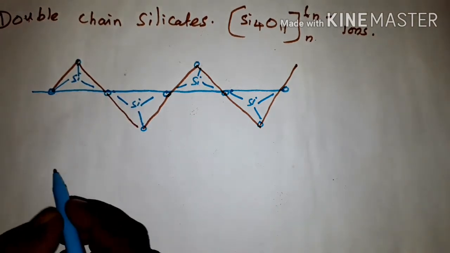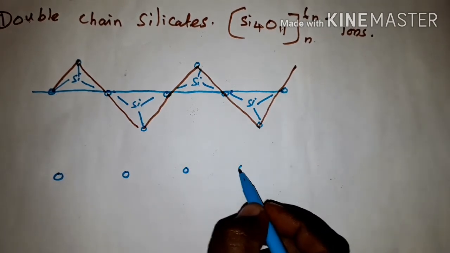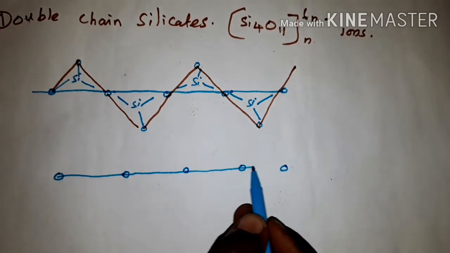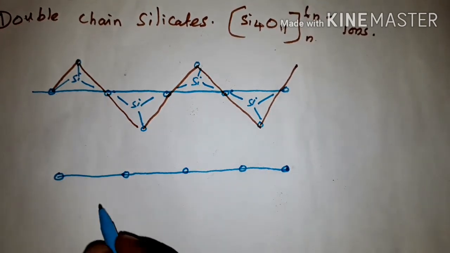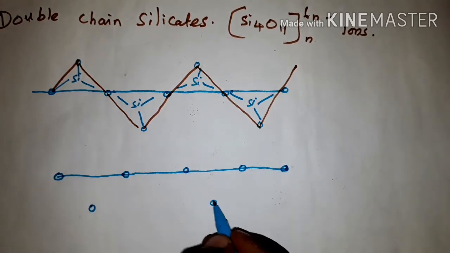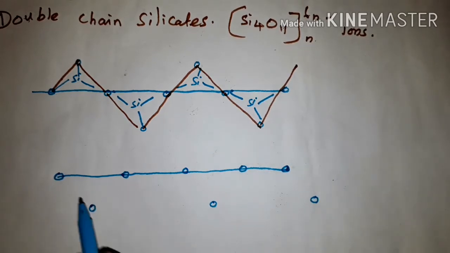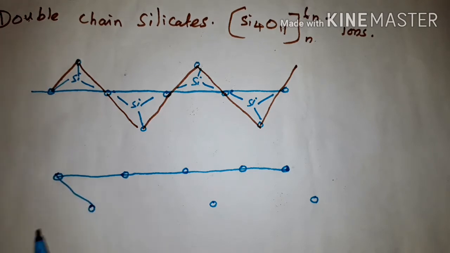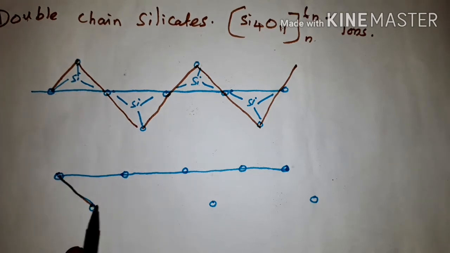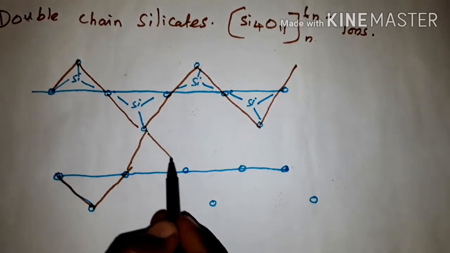Similarly, draw one more linear structure, that is oxygen, oxygen, oxygen, oxygen. Make a link. Now in between these two oxygen atoms, draw one oxygen atom. Now make a link and connect these two.